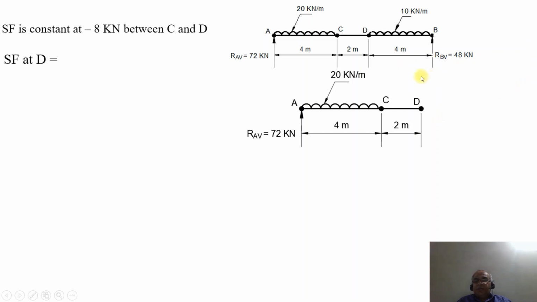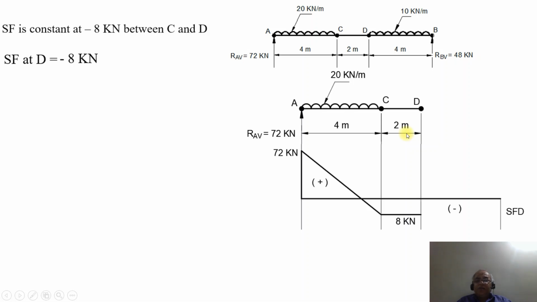So what is the shear force at the point D now? The shear force at the point D will be equal to plus 72 minus 20 into 4, which is minus 8 kilonewton. As there is no load between C and D, it remains constant at minus 8 kilonewton. That is what we are going to get in the shear force diagram.